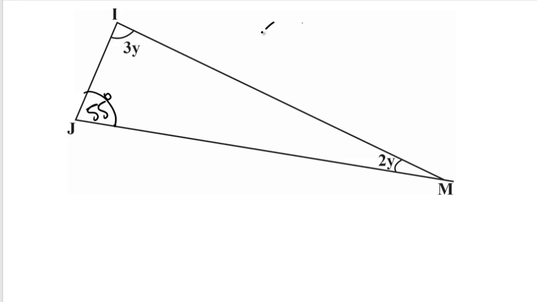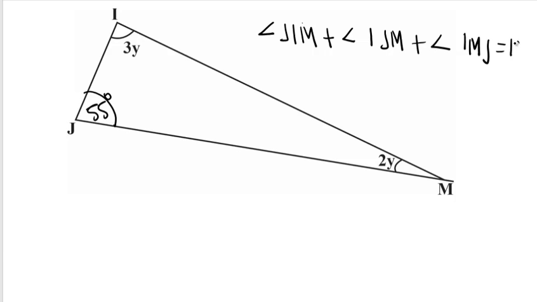Therefore, angle JIM plus angle IJM plus angle IMJ is supposed to give you 180 degrees.